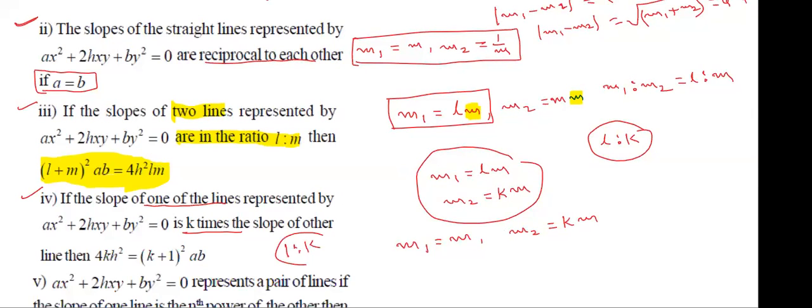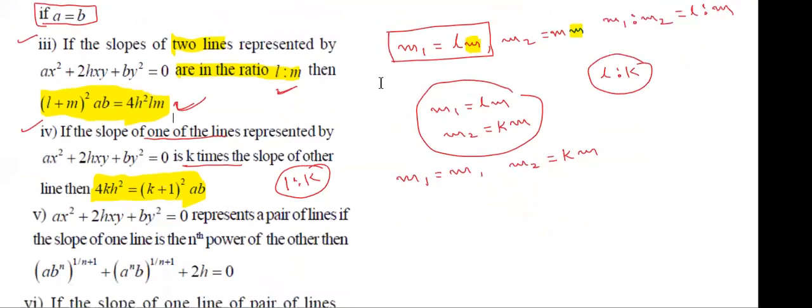Then what is the shortcut formula here? 4k h square is equal to (k plus 1) whole square into ab. In place of l is to m, take 1 is to k and substitute here. So out of 3 and 4, remember the third one, automatically you will get the fourth one.